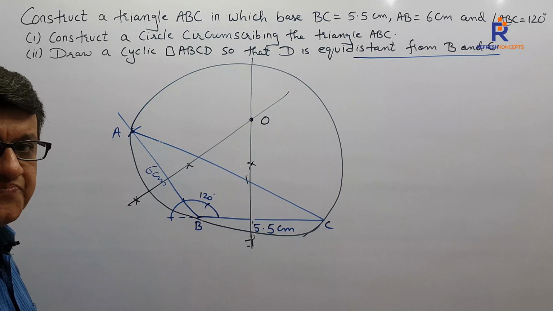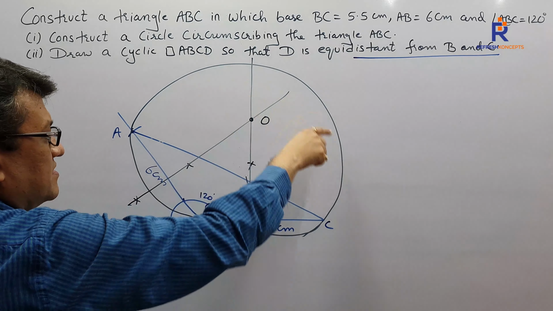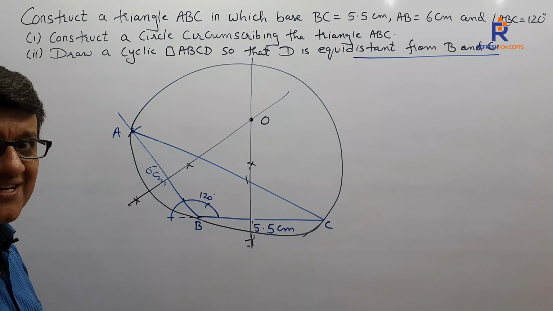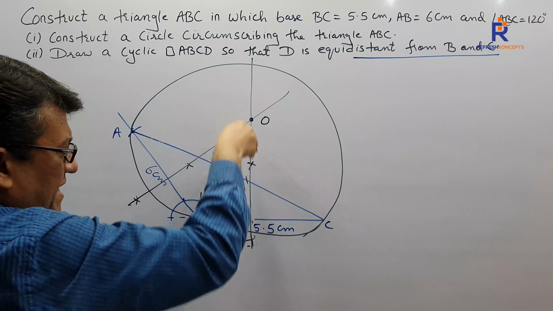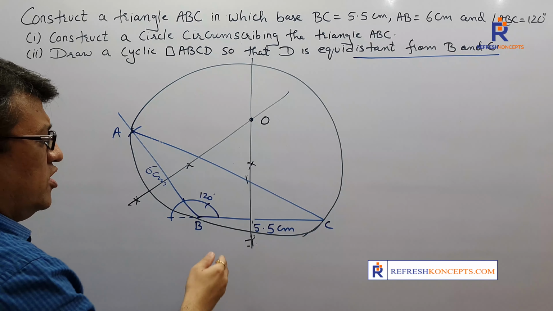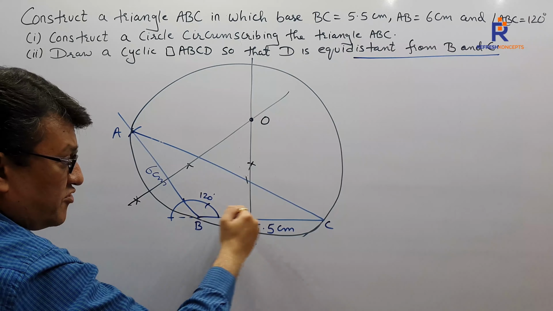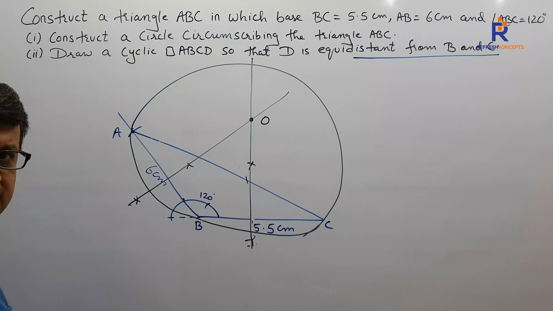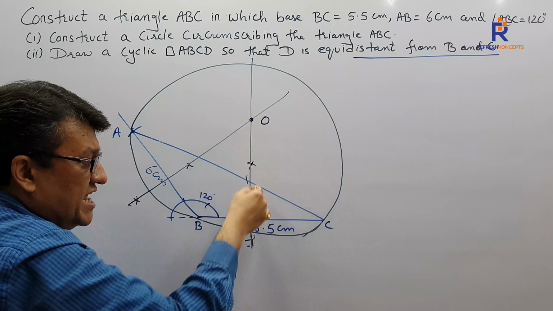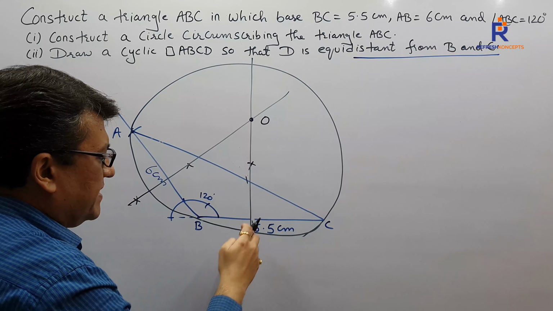Now what happens over here is that when I was trying to draw a circumcircle, my perpendicular bisector got already made. If I were to say that D is equidistant from B and C, I would have gone for a perpendicular bisector of BC. Every point lying on this perpendicular bisector, let me jot down, this is a perpendicular bisector, mind you.